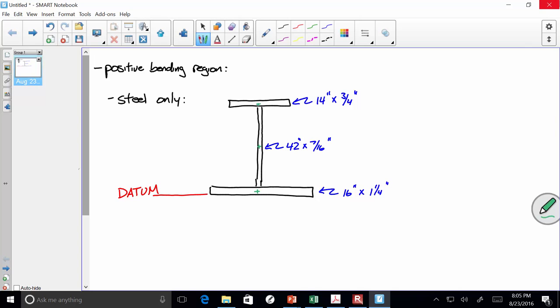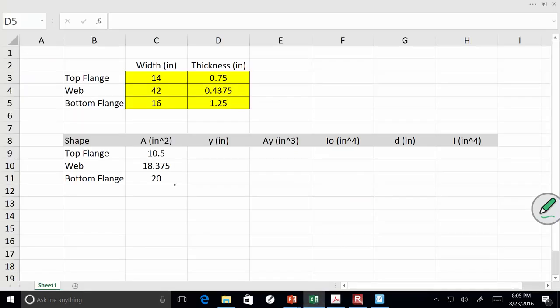So let's look at the bottom flange. We said that to the bottom flange is half the thickness, right? So we'll say equals that divided by 2, right? For the web, equals that plus that divided by 2. Make sure that you're carrying that over appropriately.